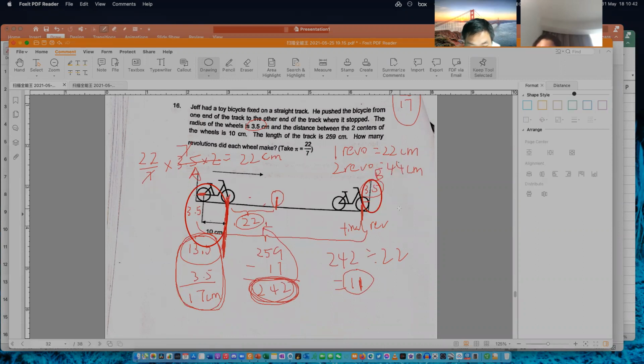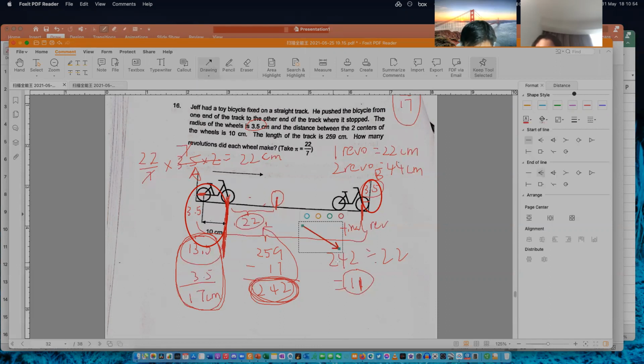That is 17 cm. Then you need to minus this 17 cm from the total, which is 259 minus 17, and you get 242. So 242 is the travel distance. I take the 242, divide by the circumference, which is 22. Then I get 11 revolutions.